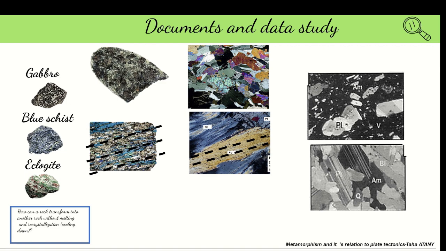The minerals have a shape that is turned towards an axis of orientation. And if we compare, it's neither similar to microlithic or grainy texture. It's a new texture. This texture is specific to some metamorphic rock.